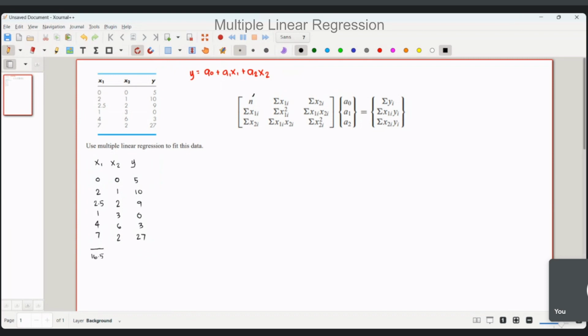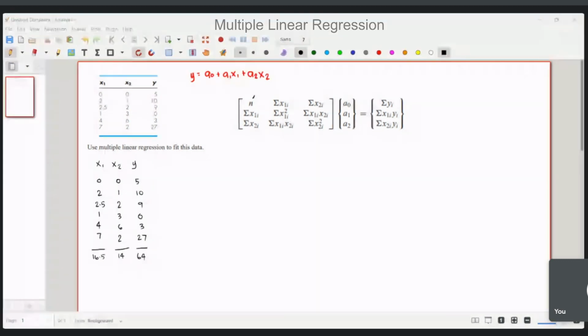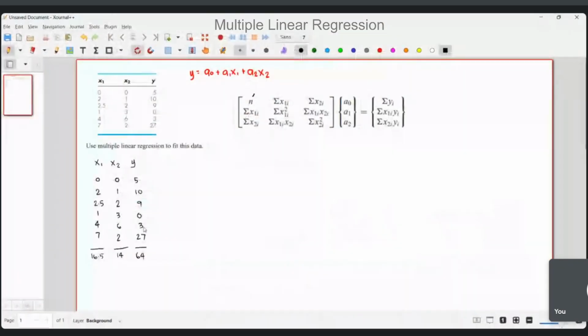How about x2i? 14, ma'am. How about for our y? 54, ma'am.